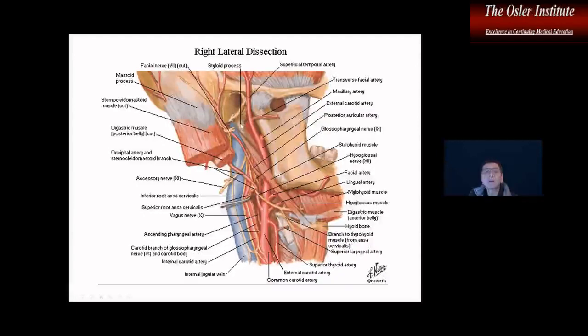And then moving down here, you can divide the styloid process shown in this picture. That's a styloid process that drapes over the stylohyoid muscle, so you can take that down. So these are maneuvers depicted in this picture to show, in a stepwise sequence, what muscles can be divided to gain distal exposure.